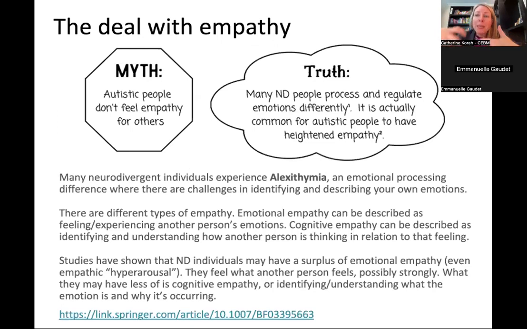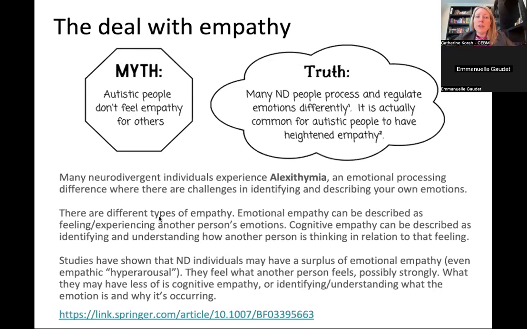And so they can't speak to it, but their body very much will react and will take in whatever it is that the other person is going through. And so many neurodivergent individuals experience what we call alexithymia. It is an emotional processing difference where there are challenges in identifying and describing your own emotions. So it's not that they don't have emotions, it's just that they have a hard time either identifying them or describing them to the other person.